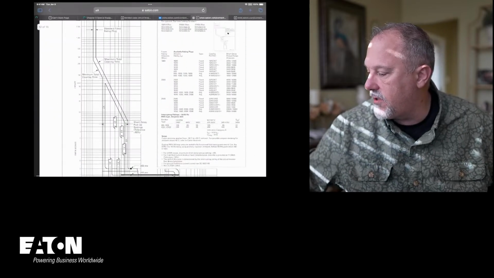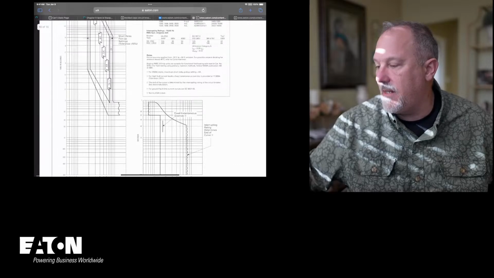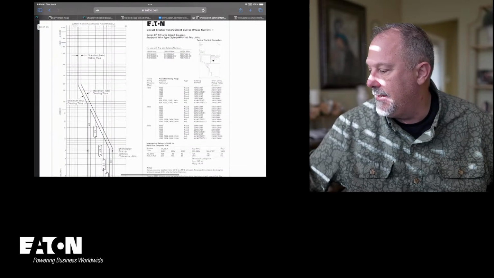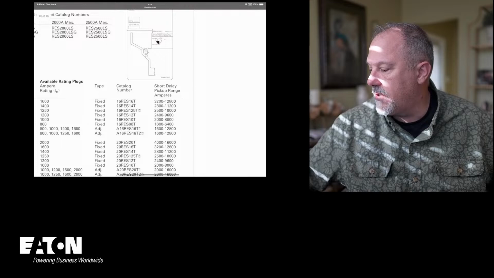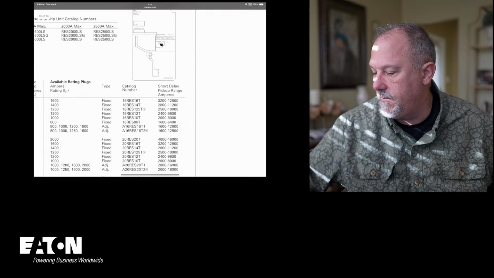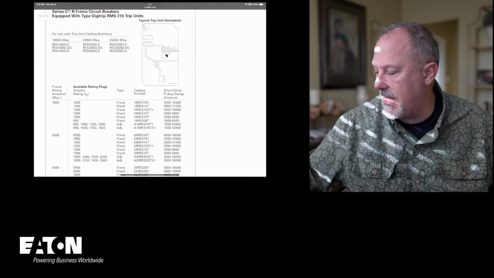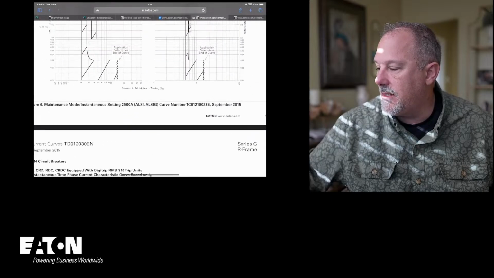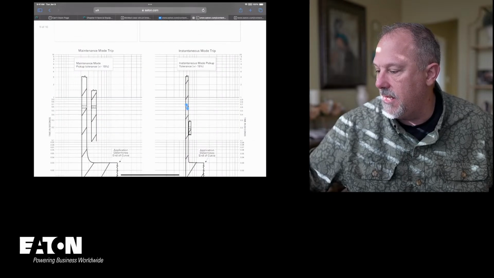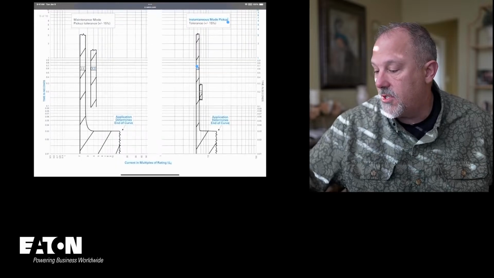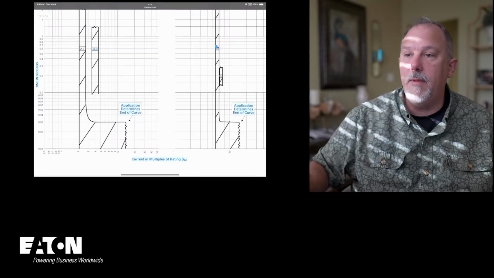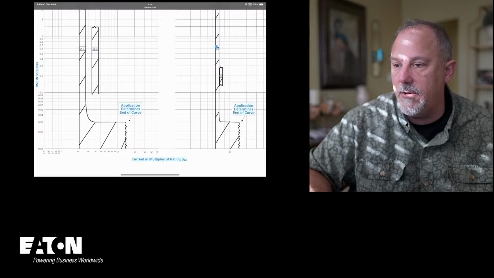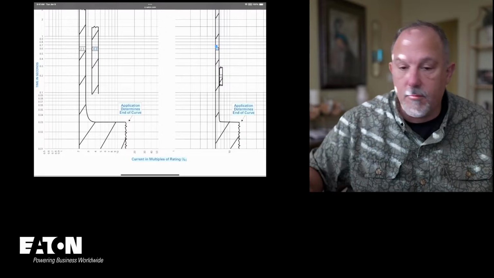I'm still interested in whether I can get an instantaneous pickup. I don't think I can. See, all of these are short delay pickup ranges, 4,000 to 16,000. I want an instantaneous, and here's an instantaneous. There's the maintenance mode. If I put maintenance mode on that, I can go down to 0.03.